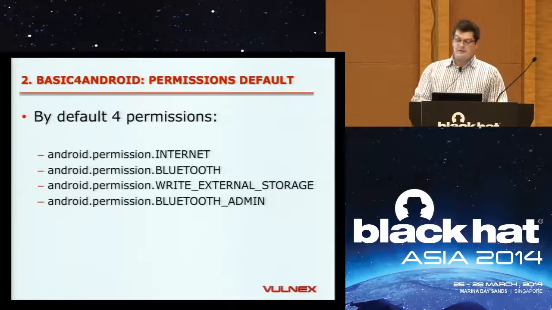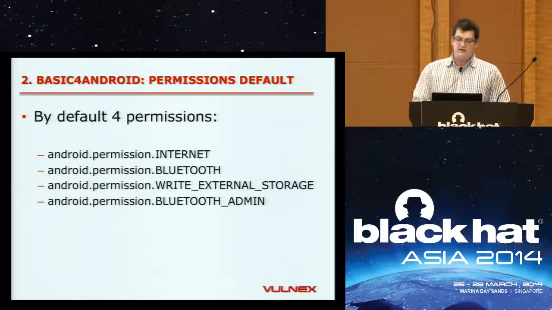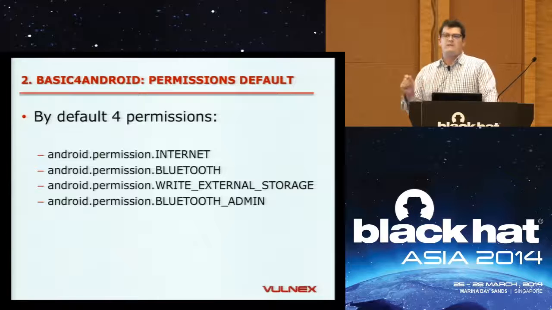Another quite interesting thing with Basic for Android is the write external storage permission. When we were reversing these applications for Basic for Android, we saw that all the applications using this framework write information to the SD card on Android. So that's kind of interesting. That's the reason it gets enabled by default: all of them save information to the SD card.